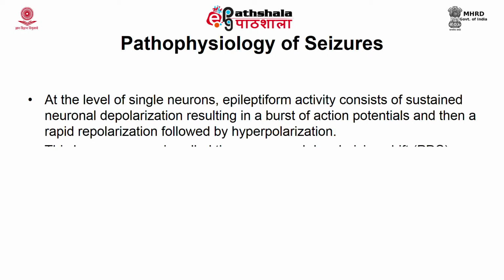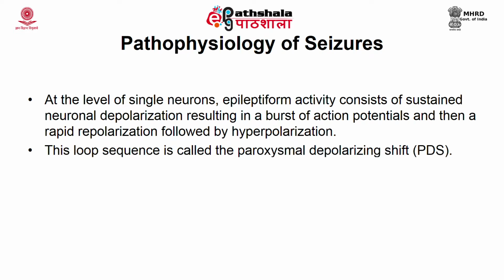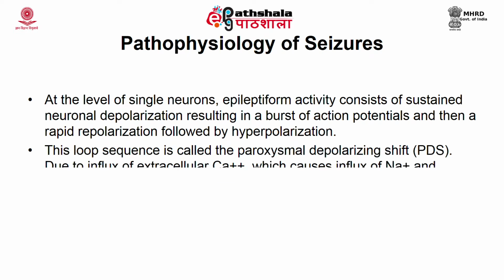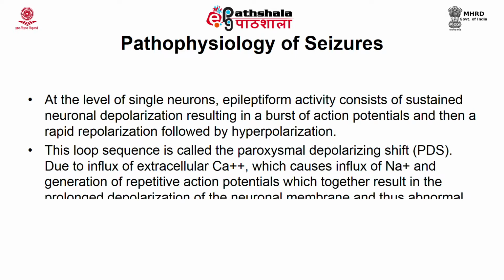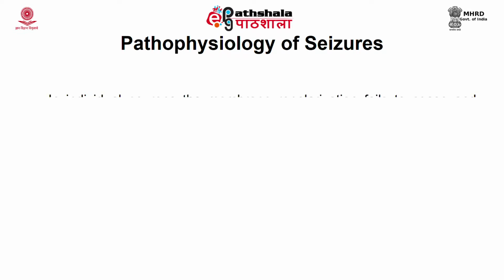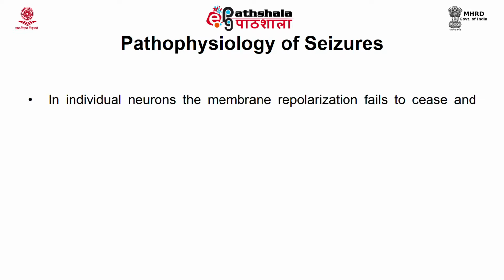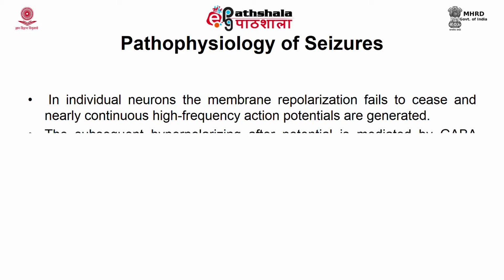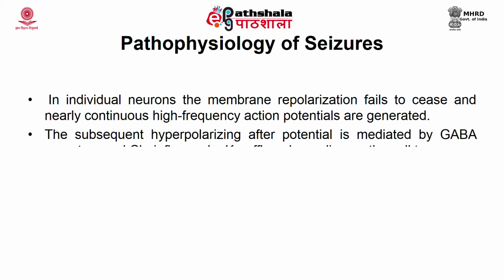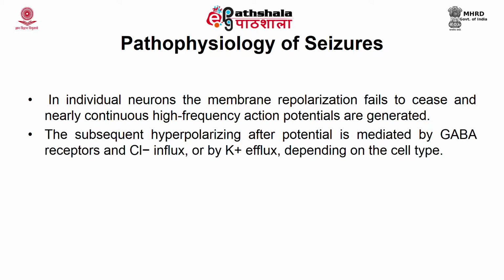This loop sequence is called depolarizing shift, due to the influx of extracellular calcium which causes influx of sodium and generation of repetitive action potentials, which together result in prolonged depolarization of the neuronal membrane and thus abnormal neuronal firing. In individual neurons, the membrane repolarization fails to cease and nearly continuous high frequency action potentials are generated. The subsequent hyperpolarizing afterpotential is mediated by GABA receptors and chloride influx.